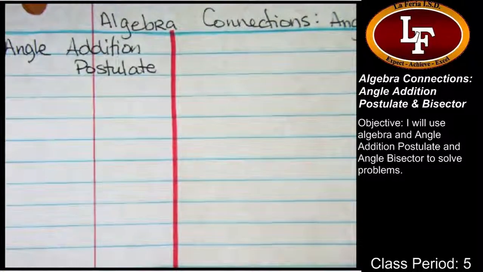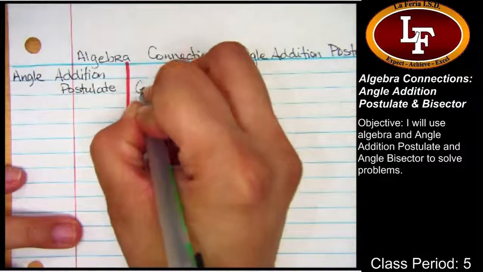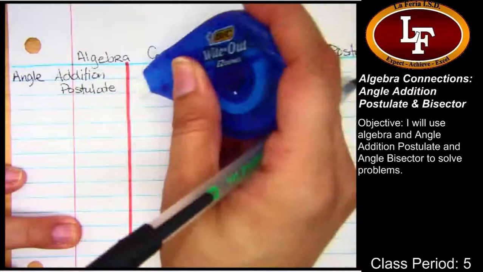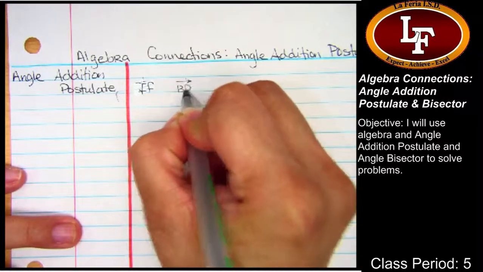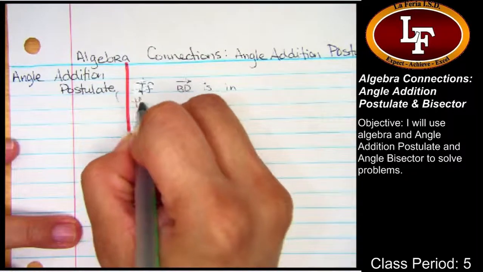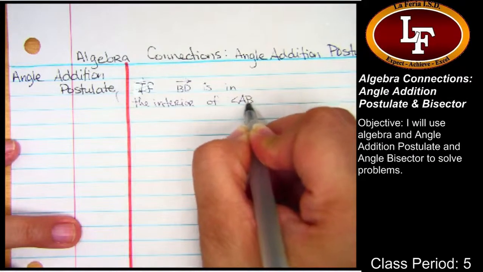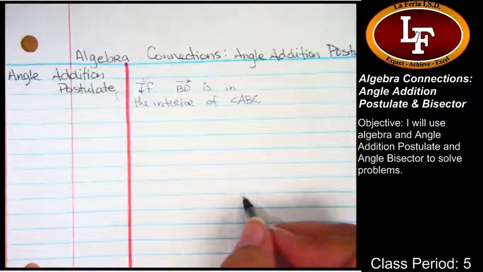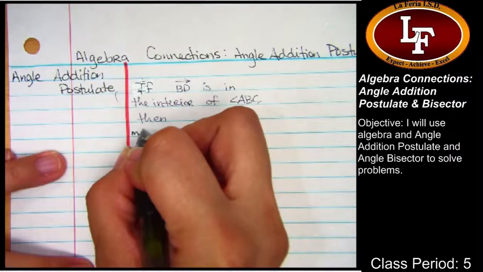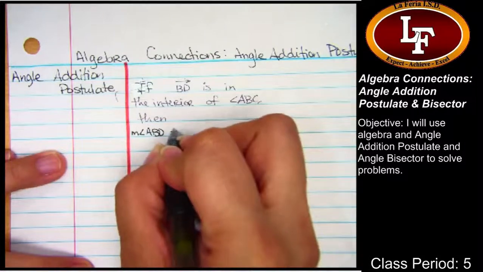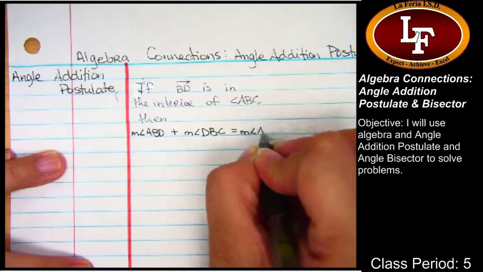So the angle addition postulate says, if ray BD is in the interior of angle ABC, then the measure of angle ABD plus the measure of angle DBC equals the measure of angle ABC.